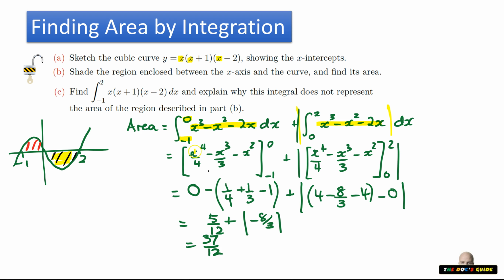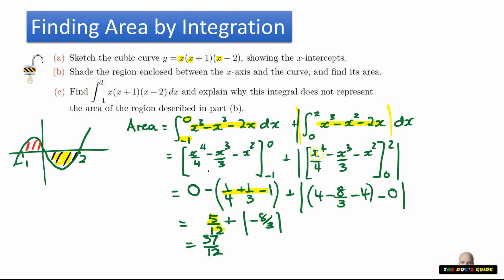If we then do our integration, we'll get x to the 4 on 4 minus x cubed on 3 minus x squared. When we evaluate that integral from minus 1 to 0, when we put the zeros in, we get 0. When we put minus 1 in, this is what we get, which comes out to be a negative 5 on 12, and the minus makes it a plus 5 on 12.